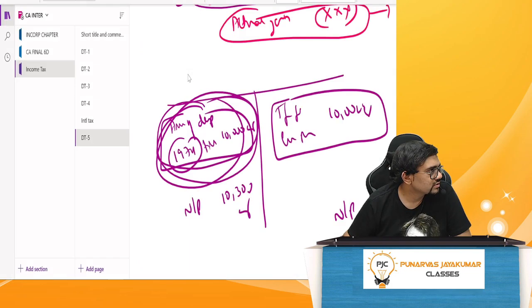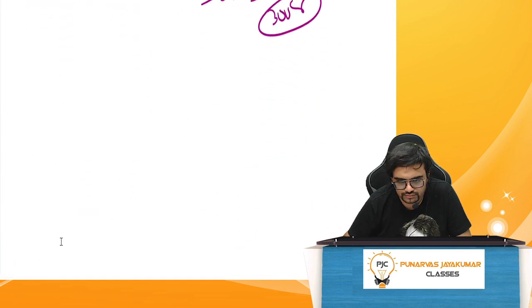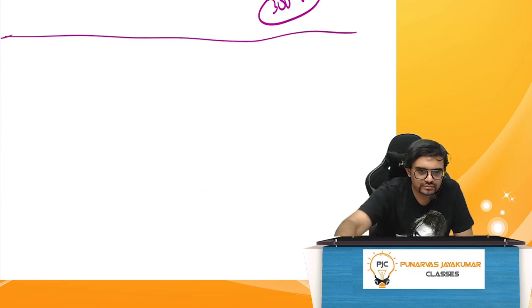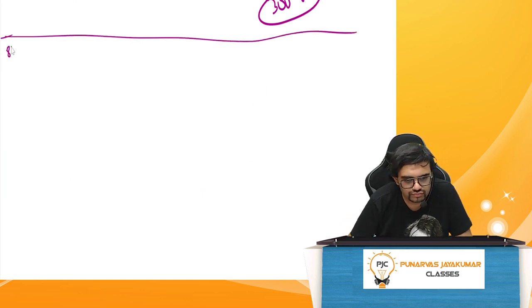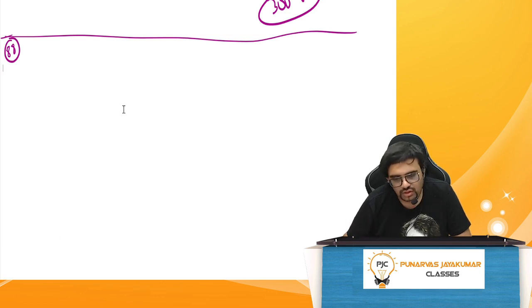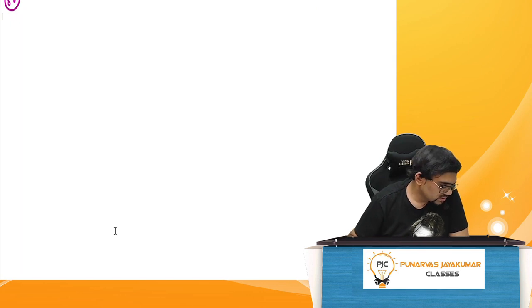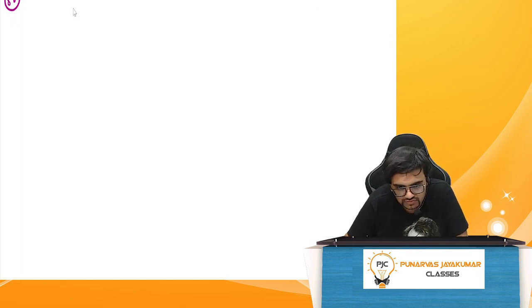This is lecture 88, we'll finish off everything. For computing book profit, the net profit shall be taken. This is for Ind AS compliant companies.